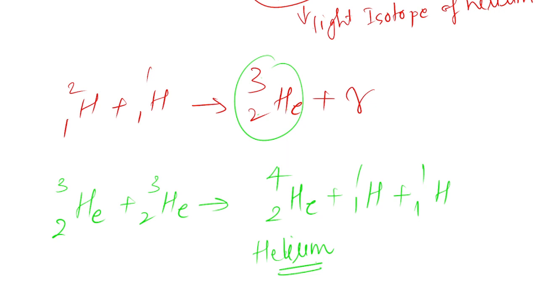So a helium nucleus is formed, and one hydrogen is released here and another one is released here, right?